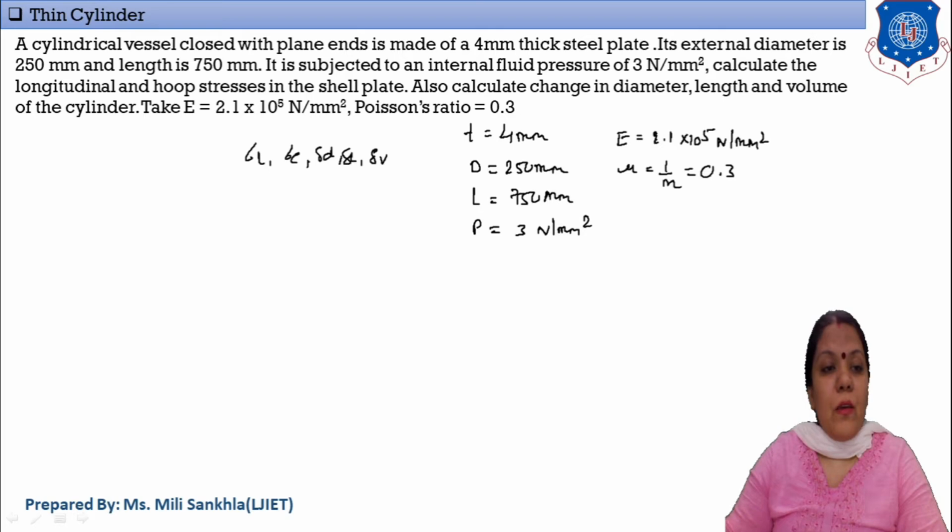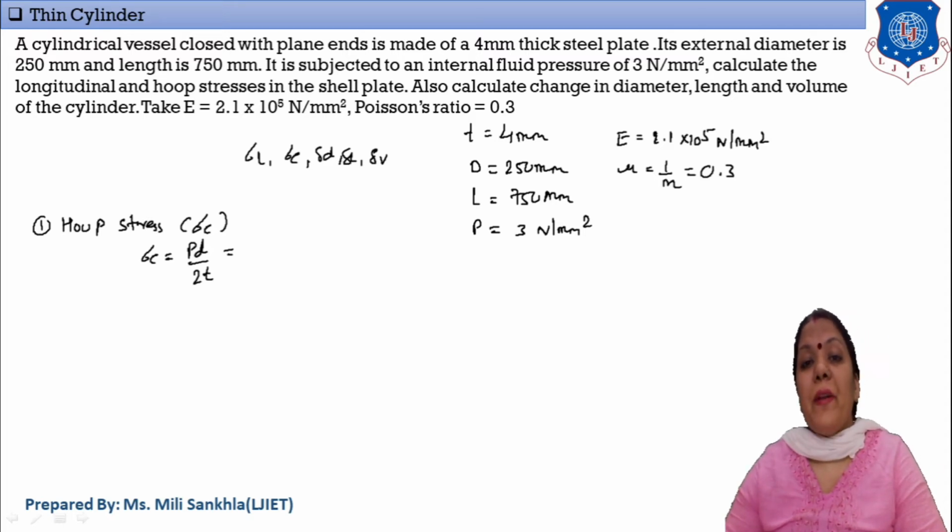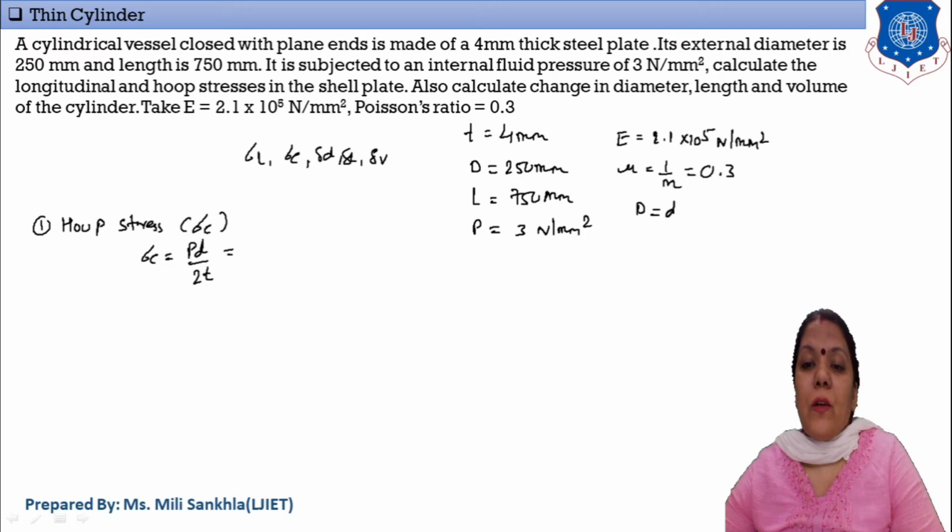First of all, we find the hoop stress. Write down hoop stress sigma C. Sigma C is equal to PD by 2T. Here internal diameter D is needed, but in this data capital D is given. So first we find the internal diameter. Capital D is equal to small d plus 2 times thickness.